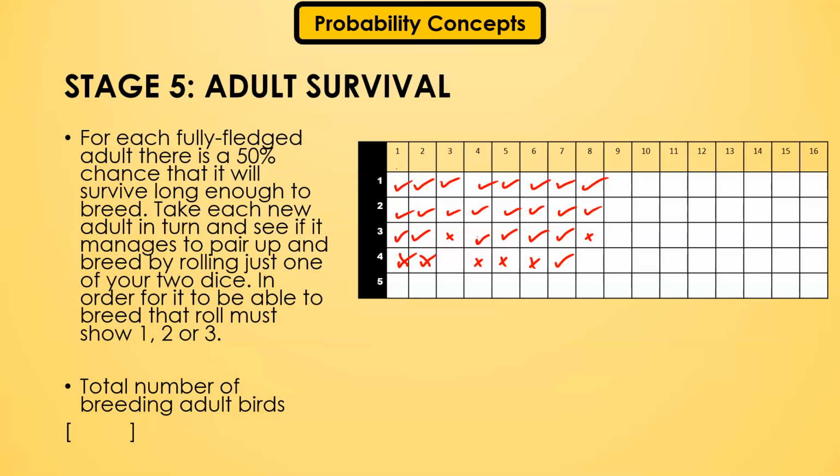So 1 dice. We've got to roll a 1 or a 3. And unfortunately, we got a 4. So that means the total number of breeding animals we ended up with was 0 in our simulation.